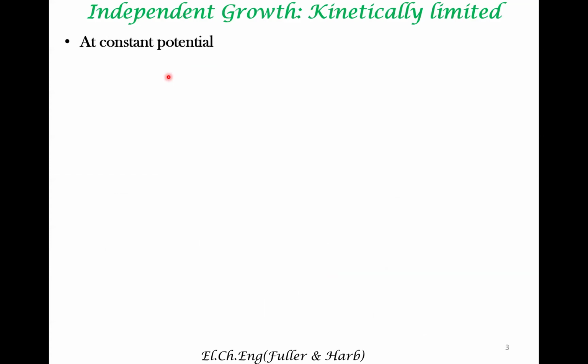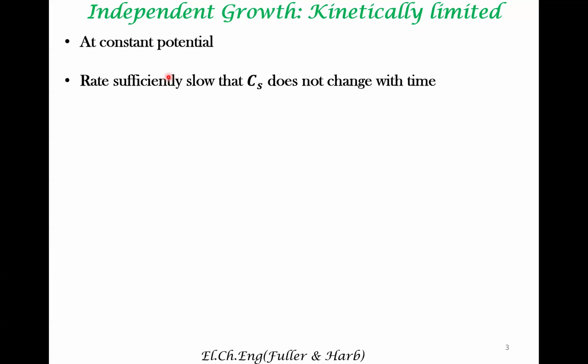And this constant potential is such that the overpotential is not that much. So the rate is sufficiently slow, and the concentration of the species that are involved in crystal growth do not change significantly.